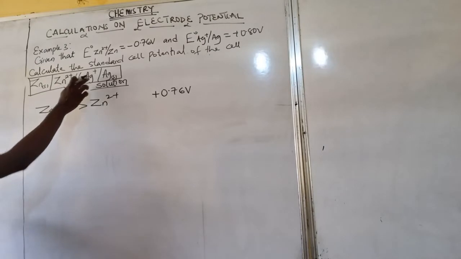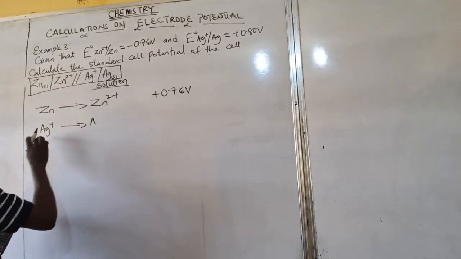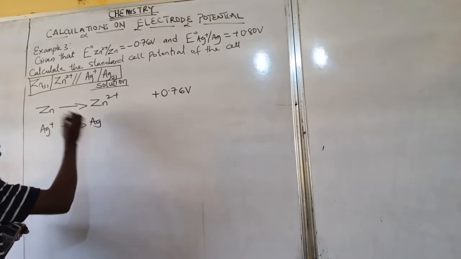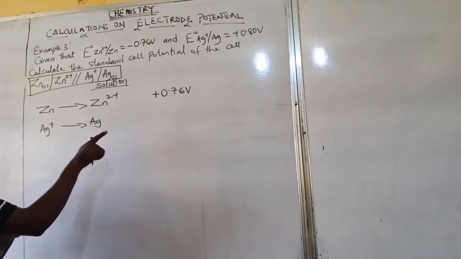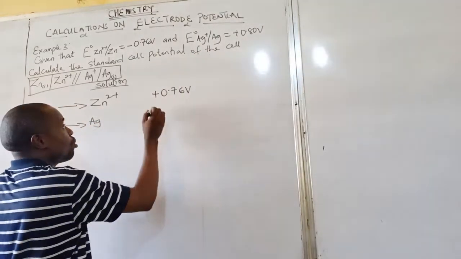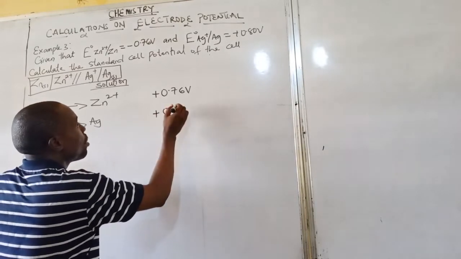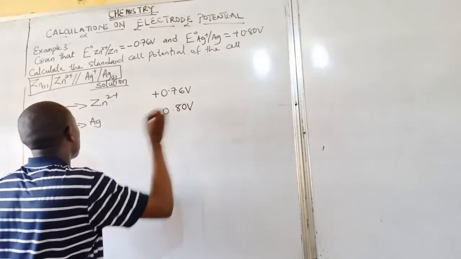And from silver ion to silver, since it's reduction and we already have it in the same reduction, we just put it as plus 0.80 volt.